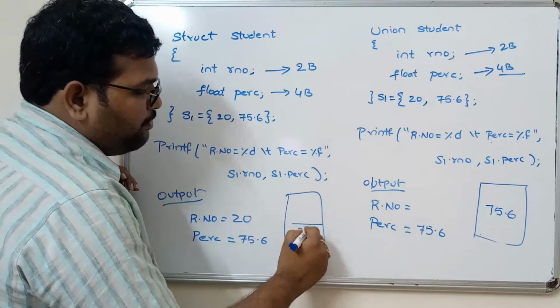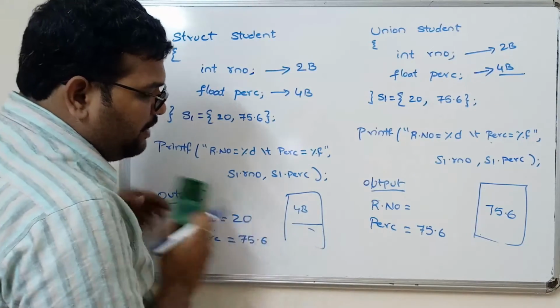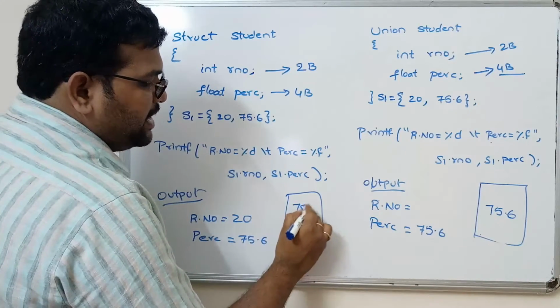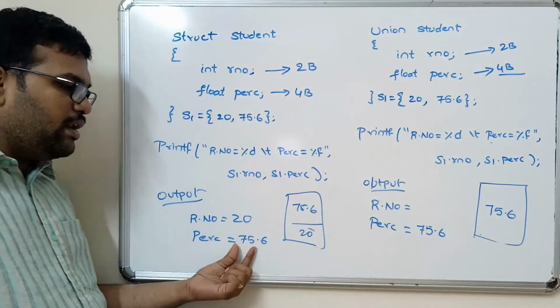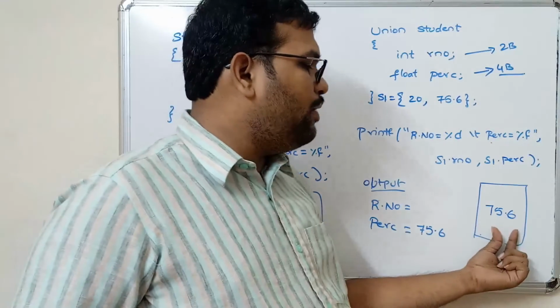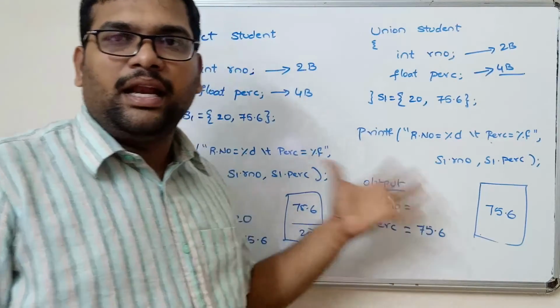So here 2 bytes of memory and 4 bytes of memory. That means here the 20 value will be assigned and here 75.6 will be assigned. So whenever we print on the screen, both the values will be printed, and in the union only the one value that is recently assigned will be printed.